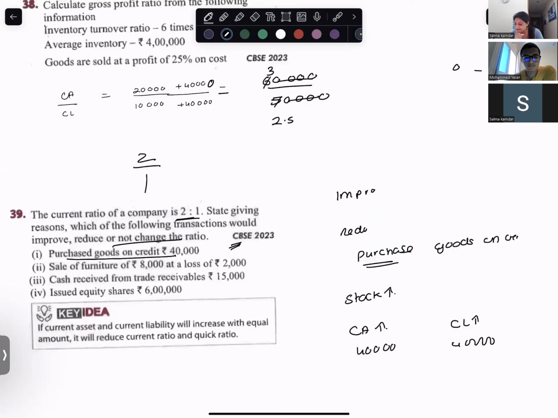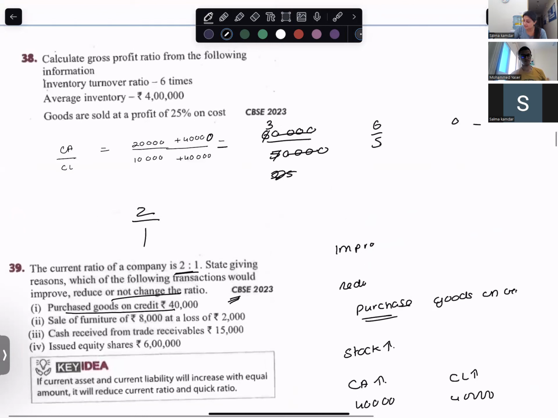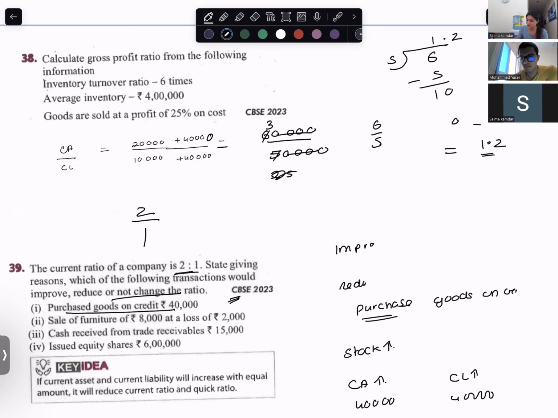Now if you see here clearly, this is 6 by 5. I will not do this. If I do 5 by 6, it will become 1.2. My old current ratio was 2:1, and my new current ratio is becoming 1.2:1.